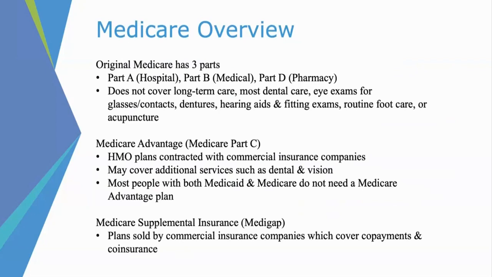May cover additional services such as dental and vision, and most people with both Medicaid and Medicare do not need a Medicare Advantage plan. Medicare Supplemental Insurance, Medigap, is plans sold by commercial insurance companies, which cover co-payments and co-insurances. Next slide, please.